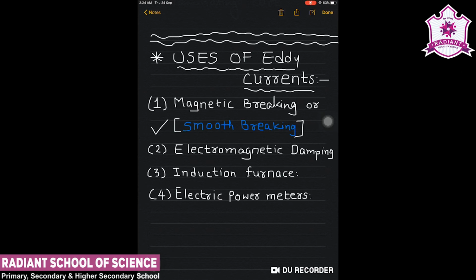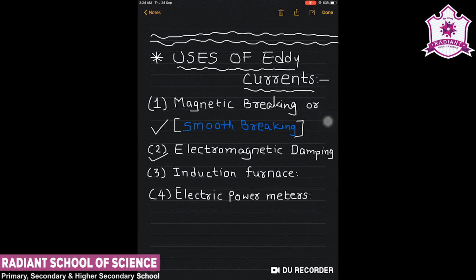Now, when the coil oscillates, the eddy currents generated in the core oppose the motion and bring the coil to rest quickly. So it will not continue to fluctuate inside the magnetic field. So this electromagnetic damping is used to bring the coil to rest quickly.